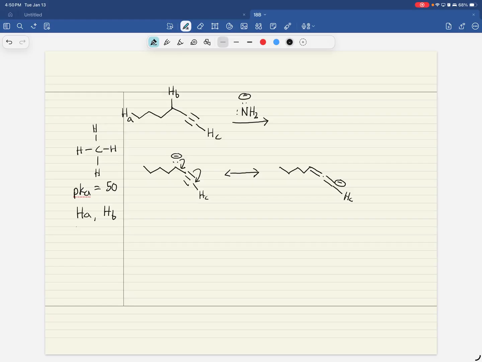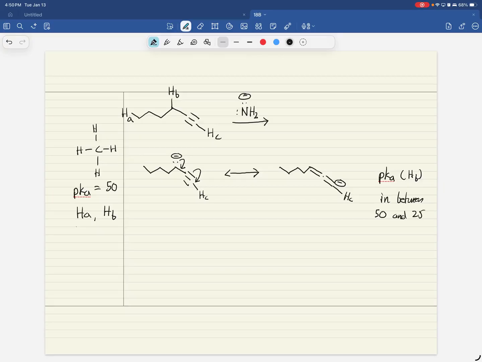So the pKa of this hydrogen, HB, is not going to be as low as an alkyne, but it's not going to be as high as an alkane. So its value is in between 50 and 25, okay? So it's still not the most acidic.